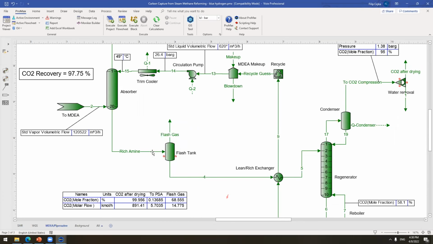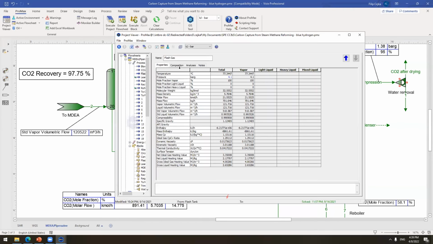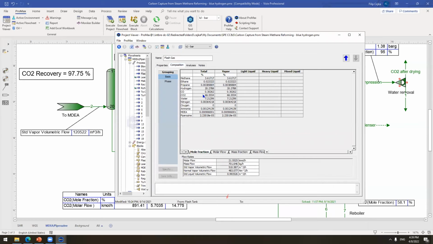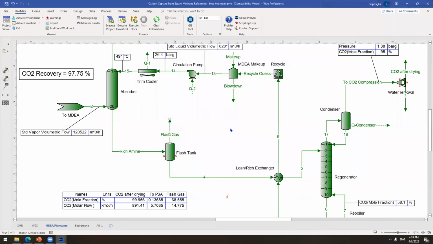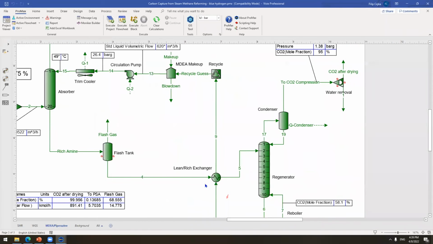When we reduce the pressure in this flash tank, most of the hydrocarbons will actually evaporate here. So it's going to be mostly CO2 and some water, but most of these hydrocarbons will evaporate here, so they will not get downstream in the process.